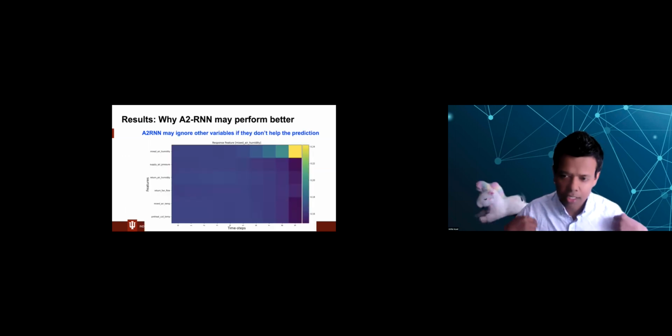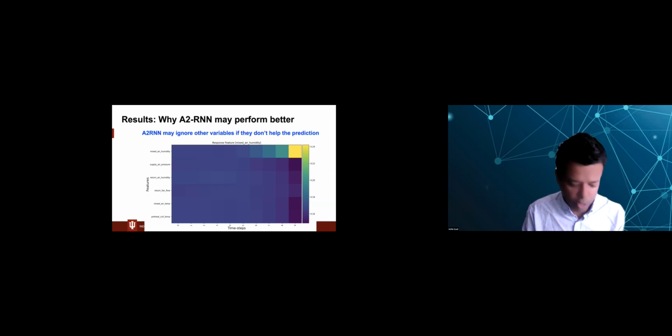In some cases, we observed that none of the other variables are significantly important. For example, whenever we try to predict mixed air humidity, we only observe that mixed air humidity itself is important. That means past values of mixed air humidity are influencing the future values of that particular variable.